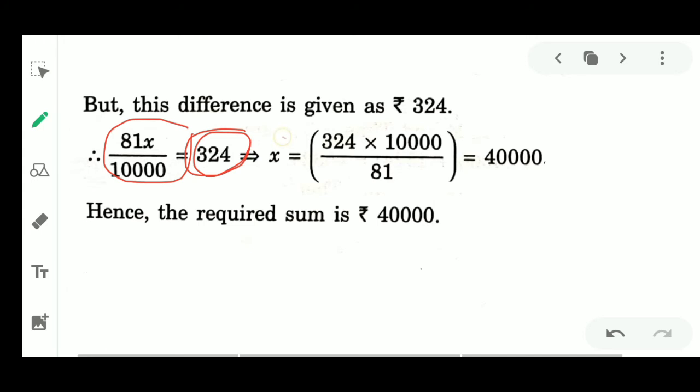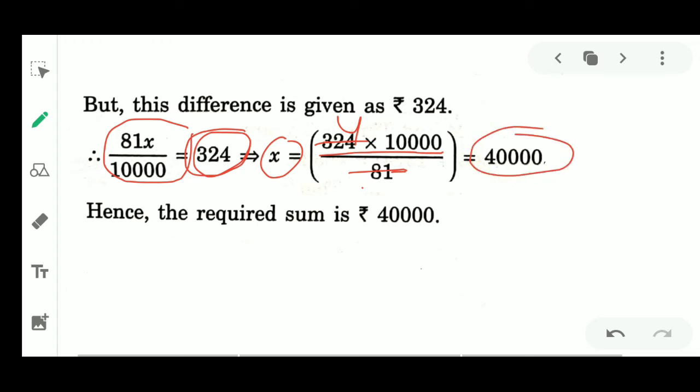So now x will be 324 into 10,000 by 81. Clear? Now divide this number by 81, that gives 4. So 4 into 10,000, that is 40,000.